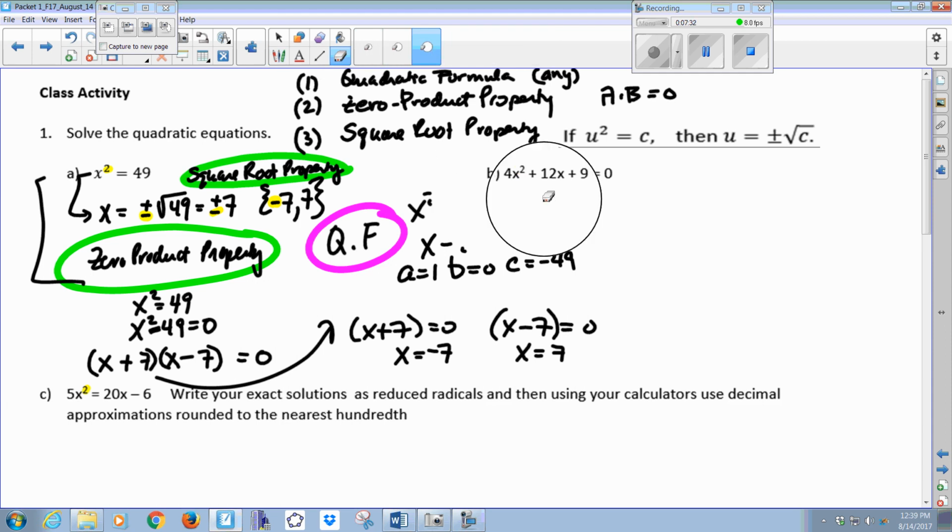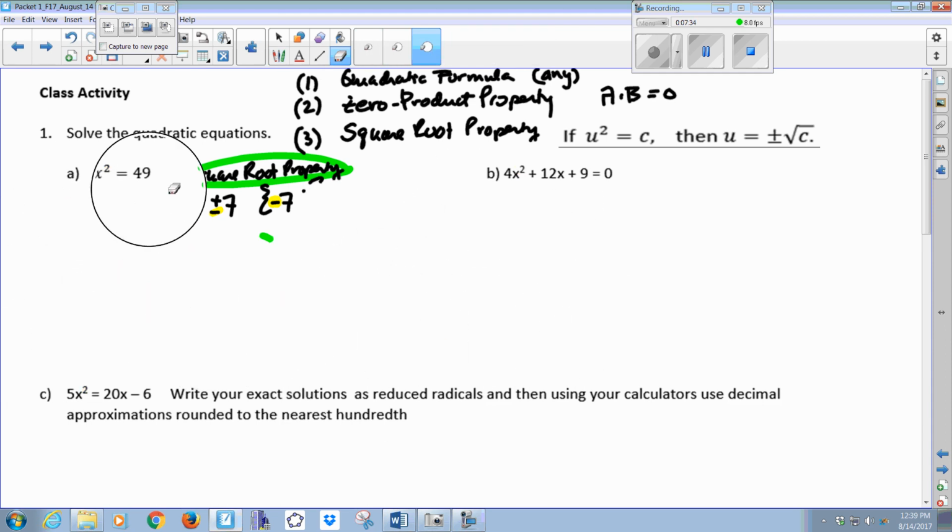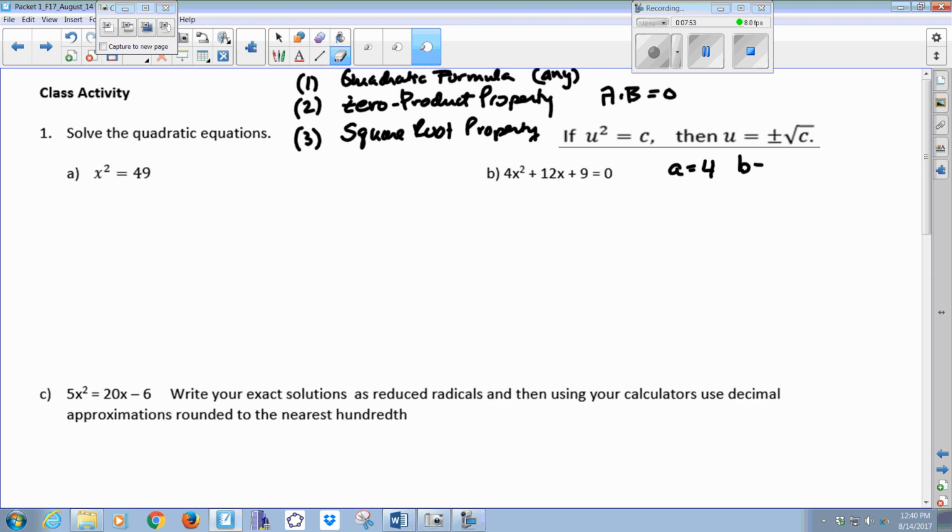All right, now the next problem looks like, maybe this is set up to use a quadratic formula because I have 0 on one side and all my other terms on the left side, and I can immediately see A is 4, B is 12, and C is 9.